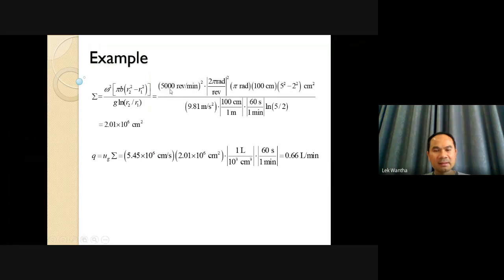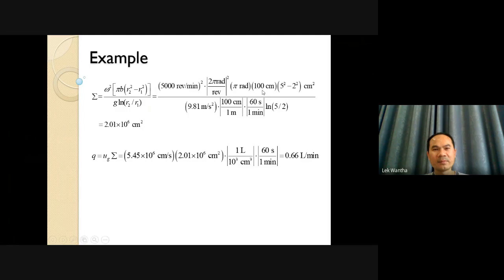This is RPM, the revolution per minute from the problem. And we know, right, 1 revolution equal to 2 pi radians, if you remember, convert in unit. You know, right, from the problem statement, it's 5,000 RPM, but you know that 1 revolution equal to 2 pi in radian unit.